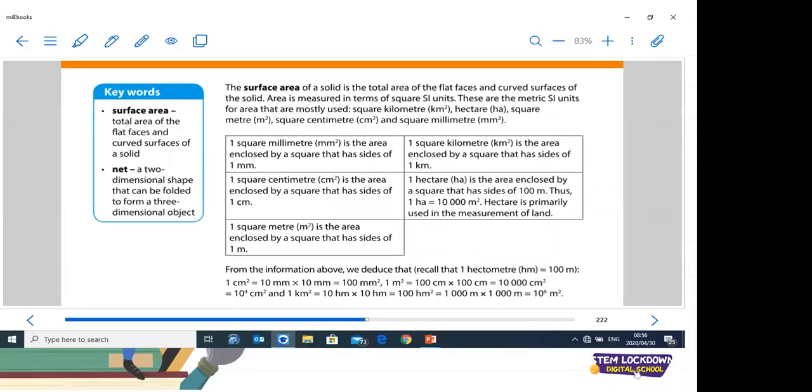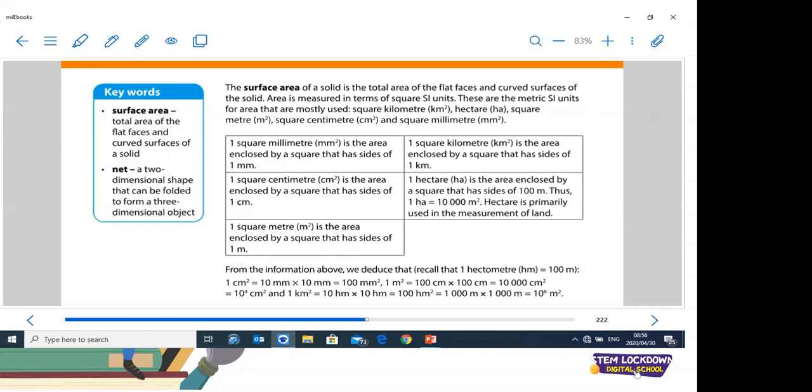Now, I've just told you that the surface area is the total area of the flat faces. And by the way, you can use a net. You can use a net, which is a 2D shape which can be folded together to form a 3D object. So a net is just a plane or 2D shape that can be cut out and folded to form a 3D object.